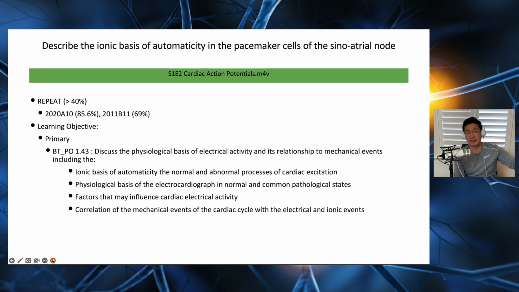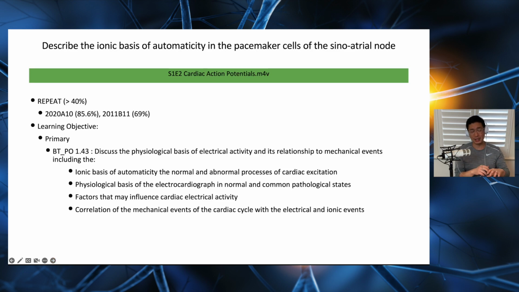It didn't just cover the sinoatrial node, but we also covered the ionic basis of how depolarization occurs in the ventricular myocyte. So this was specifically asking about automaticity in pacemaker cells in the sinoatrial node. Very, very specific for that.